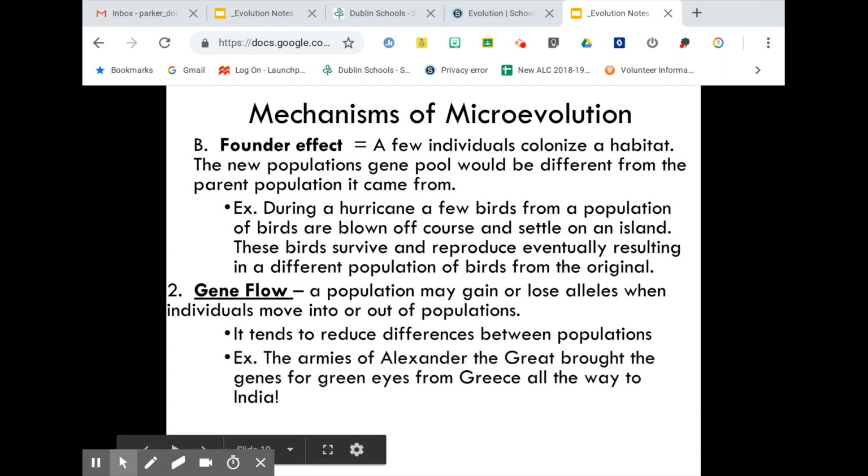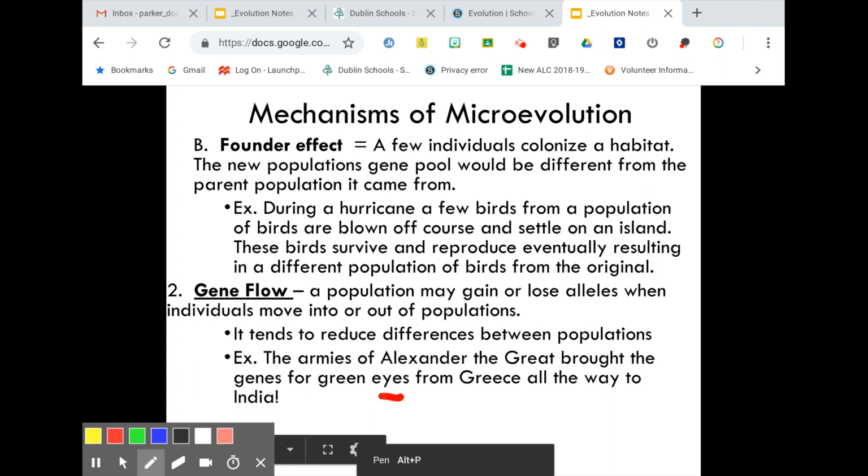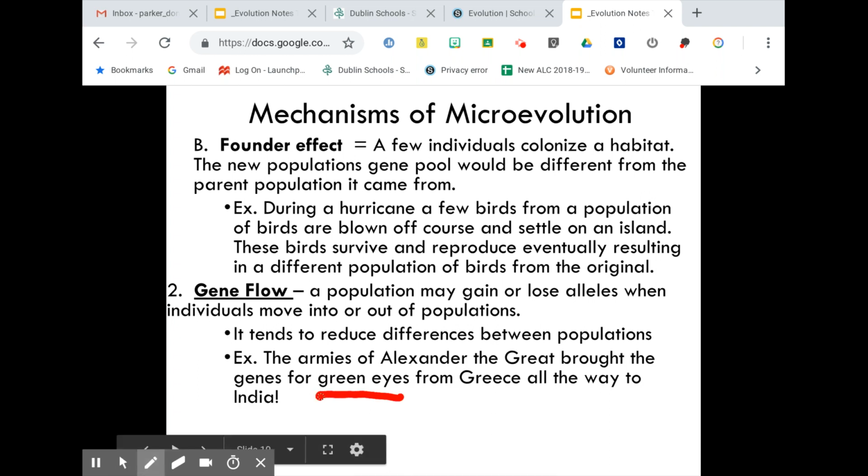So a really good example of this is that when Alexander the Great moved to India from Greece, the genes for green eyes are pretty common in the Greek population. However, it was not significantly noticeable in India at the time. However, as these two populations of people interbred, we ended up seeing more green-eyed individuals show up in the Indian population as well.